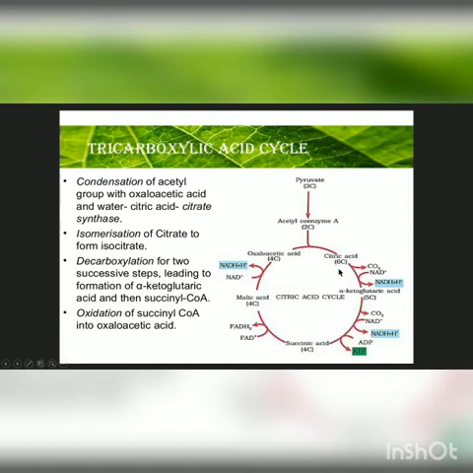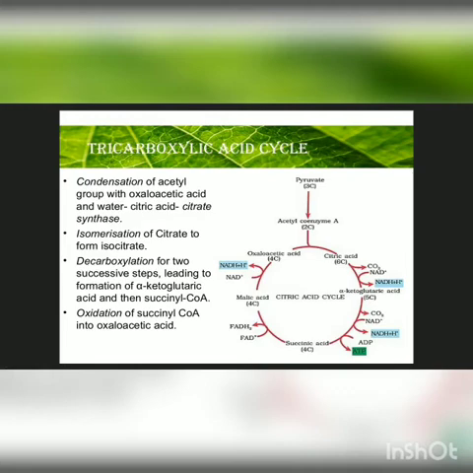TCA cycle, that is tricarboxylic acid cycle, because many intermediate compounds formed in the cycle have 3 carboxyl groups. So the maximum of the intermediate products formed here contain 3 carboxyl groups. That is why this is known as the tricarboxylic acid cycle. Understood children?